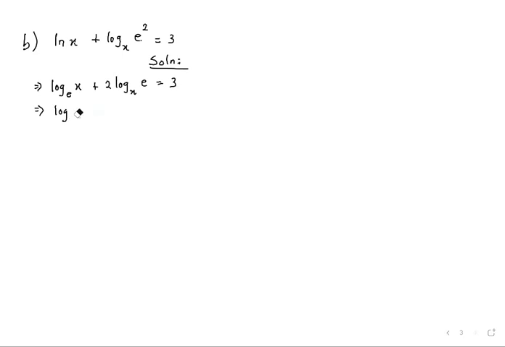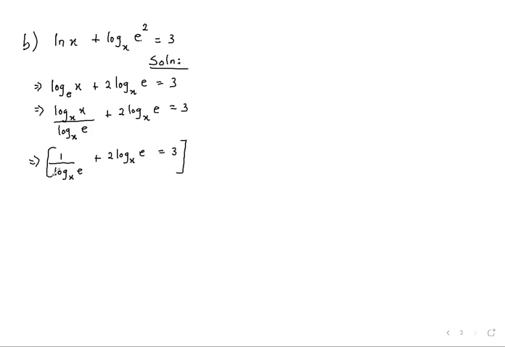We change the first one, it will be log_x x over log_x e, plus 2 log_x e is equal to 3. So this one becomes 1 over log_x e plus 2 log_x e is equal to 3.